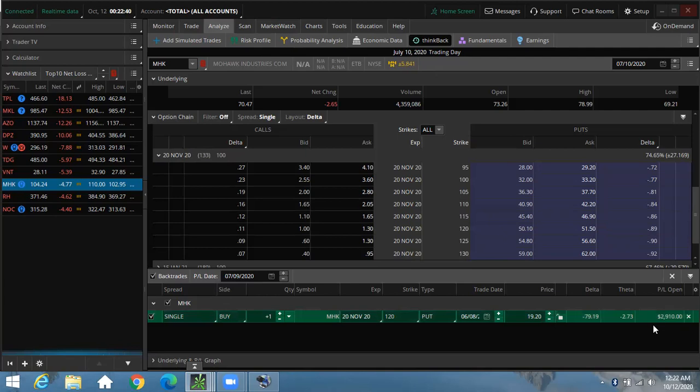Now, in this case, if you have 100 shares of stock, I would exercise that contract and make them buy the stock from me at $120 a share. That way you keep all the gain that you got from the price of the stock going up, plus make an additional $500 because of the strike price that you bought your put contract at.